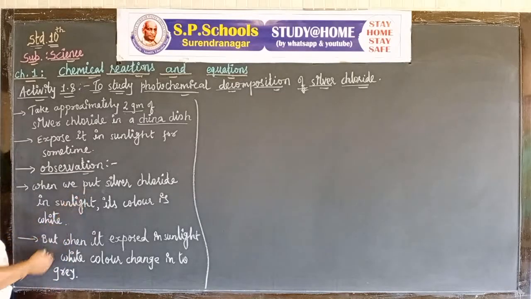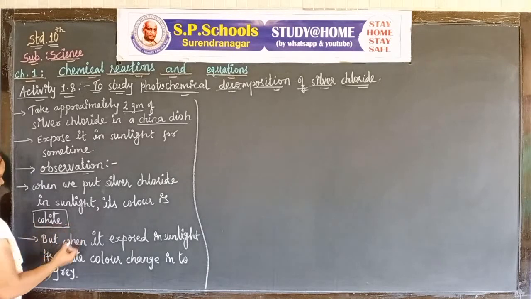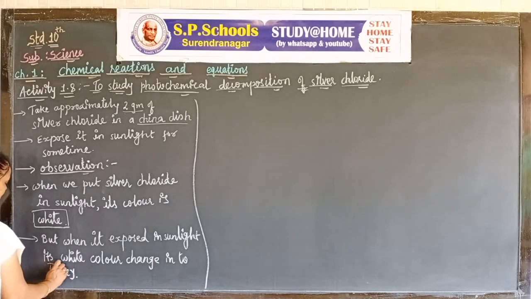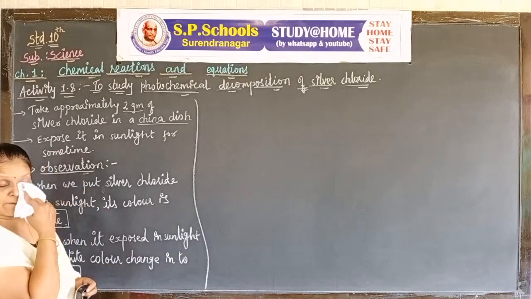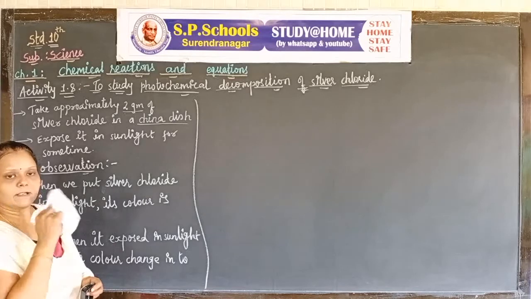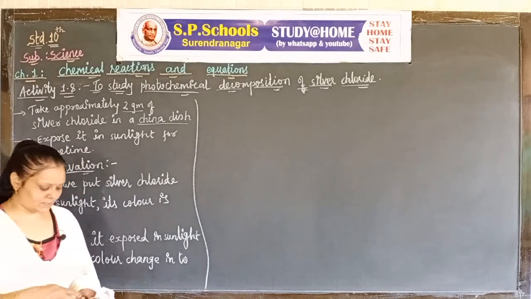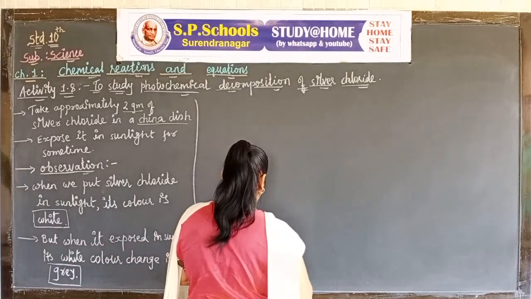When silver chloride is exposed in sunlight, the color of silver chloride is white. But when exposed, its color changes and it is converted into gray. So in the process, silver chloride forms silver. So write the equation for this activity.